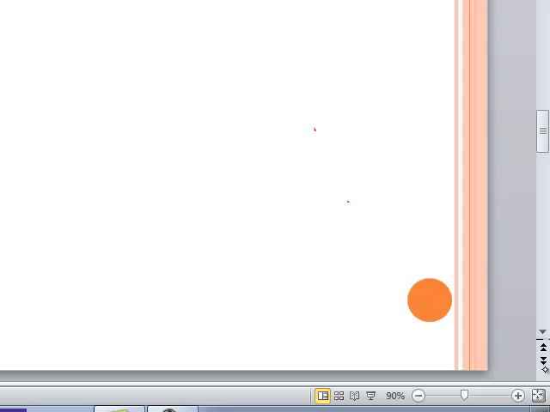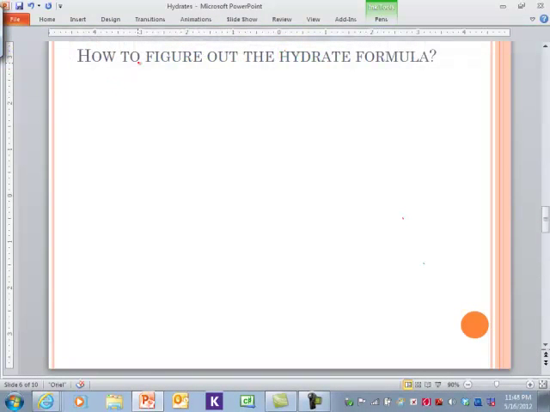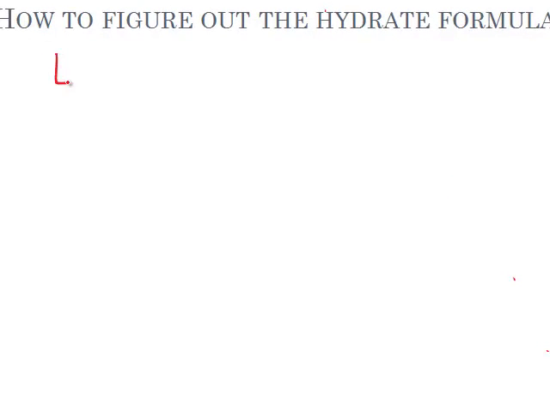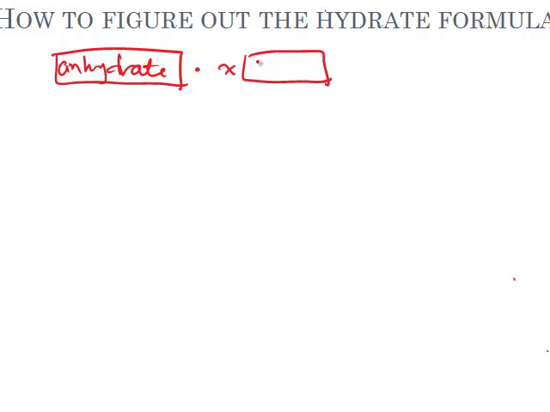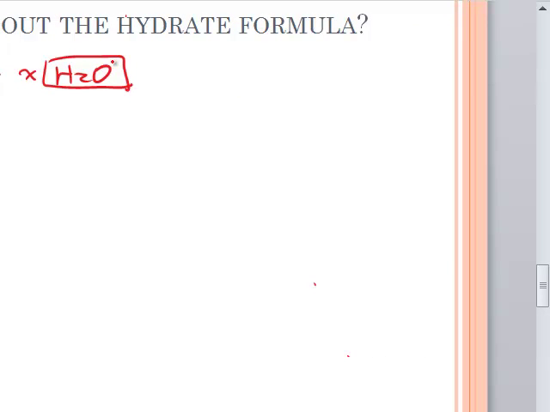Recall the hydrate is composed of 2 parts: the first part is the anhydrate, and the second part is the X H2O, where X indicates how many water molecules are associated with each formula unit of the anhydrate. We're going to see a very similar concept with the empirical formula.